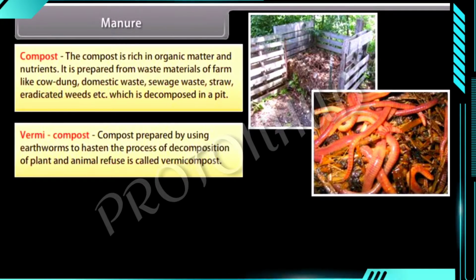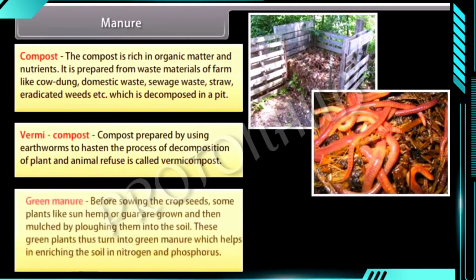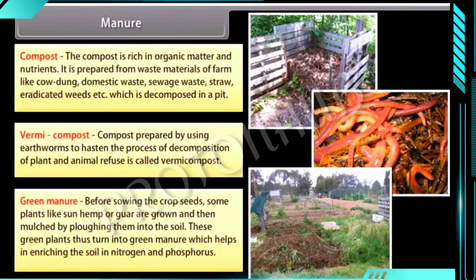Compost prepared by using earthworms to hasten the process of decomposition of plant and animal refuse is called vermicompost. Green manure. Before sowing the crop seeds, some plants like sun hemp or guar are grown and then mulched by plowing them into the soil. These green plants thus turn into green manure, which help in enriching the soil in nitrogen and phosphorus.